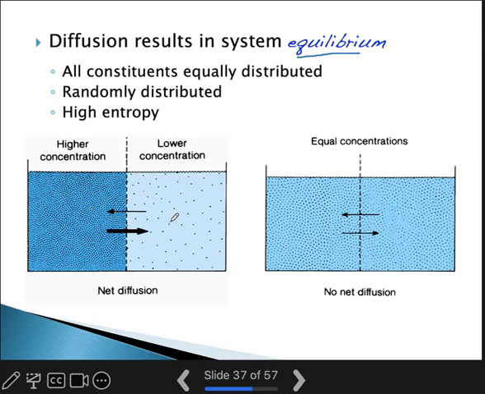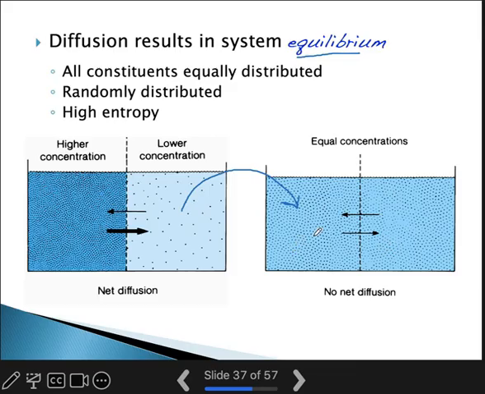If I allow this system to randomly move, I'm going to find that over time, according to that second law of thermodynamics, we're going to move until there's no organization, and everything is evenly distributed. So all of the constituents will eventually be evenly distributed if they're allowed to randomly move like we define with Brownian motion. So we would result in this sort of random distribution across the whole space.